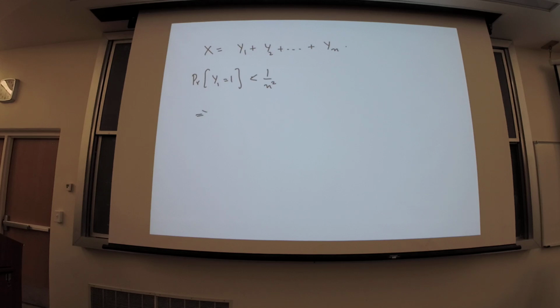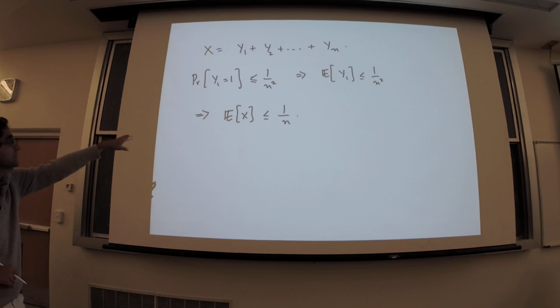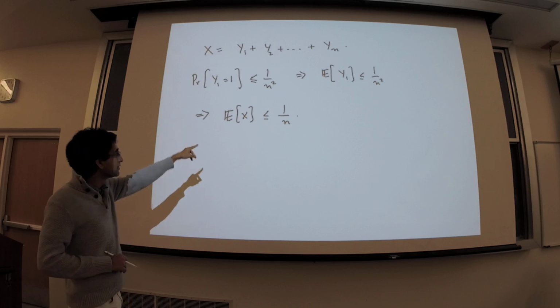So in particular, the expected value of y1 is also less than 1 by n squared. And this means that the expected value of x is less than or equal to 1 by n. So far it's all straightforward. I use linearity of expectation to say that the expected value of x is equal to the sum of the expectations of all these variables.